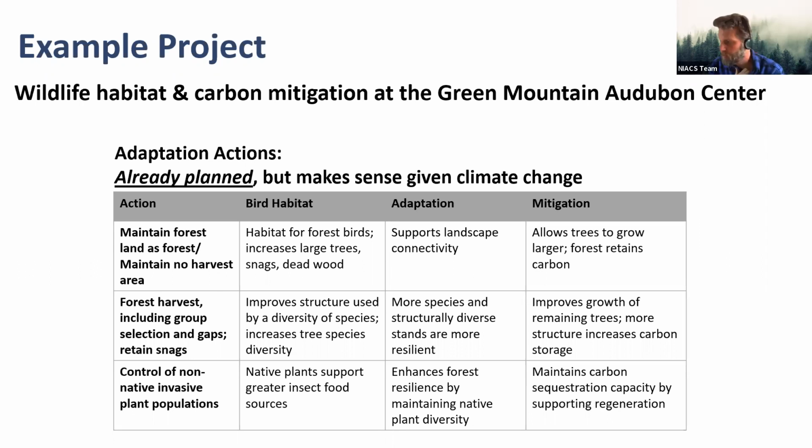And from a carbon perspective, this can improve the growth of some of the remaining trees, because they were going to identify some retention trees within those large gaps. And then creating dead wood, and also regenerating young trees, young stand conditions in those gaps, benefits sequestration rates.